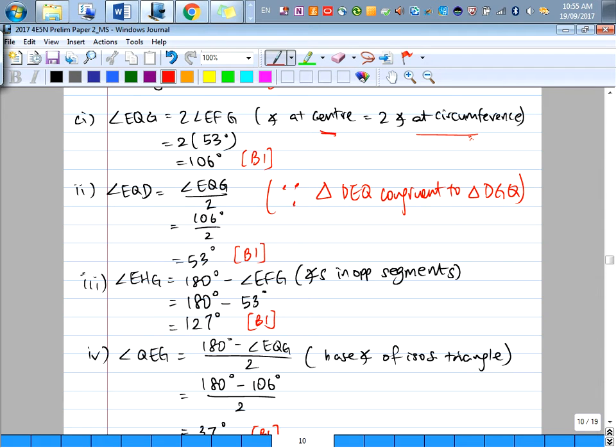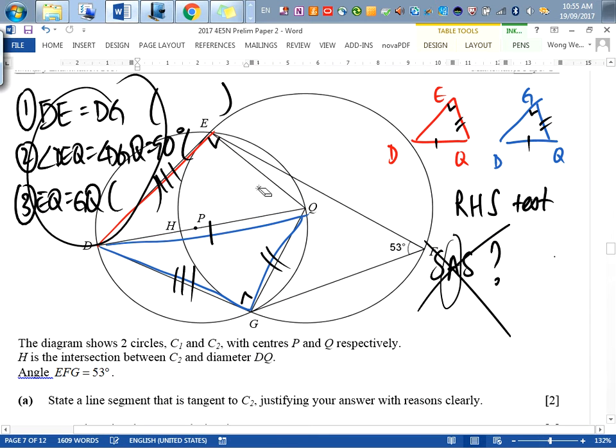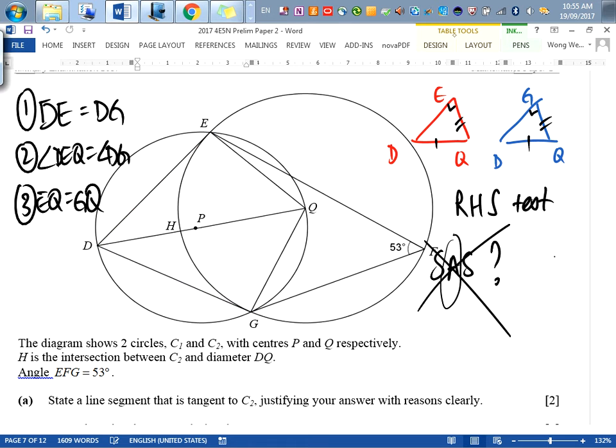Part 3, EHG. Where is angle EHG? Angle EHG is here. Okay, the red color angle.